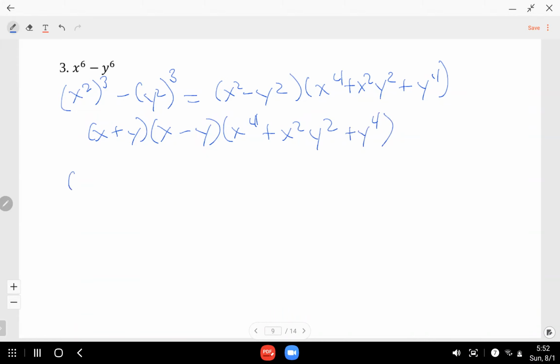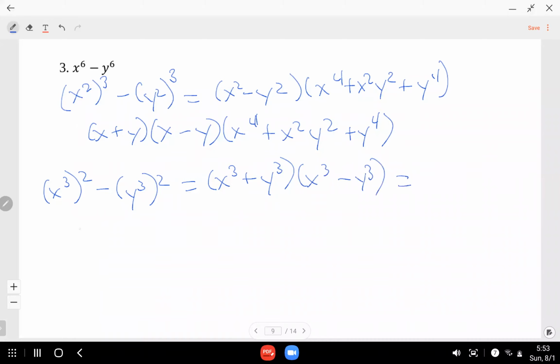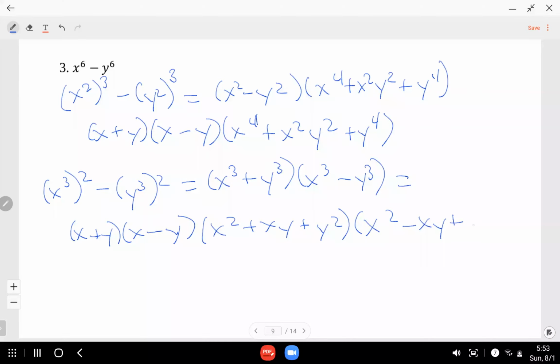So basically, you're going to have x to the third squared minus y to the third squared, which equals x cubed plus y cubed times x cubed minus y cubed, and that's going to be x plus y, x minus y, x squared plus xy plus y squared, x squared minus xy plus y squared.